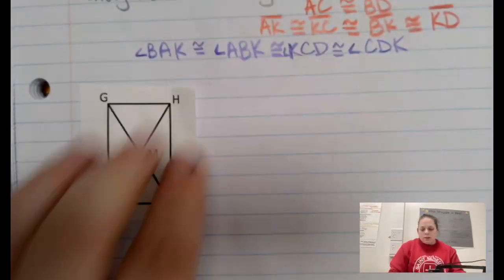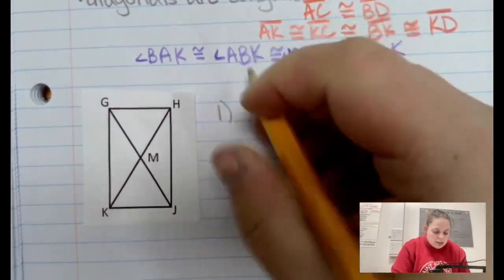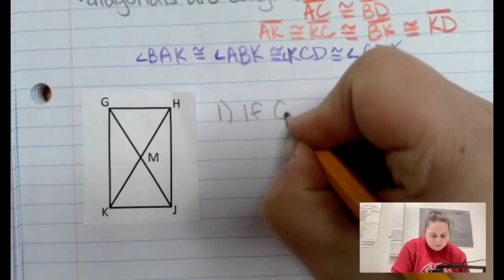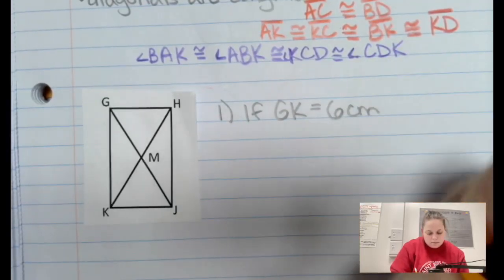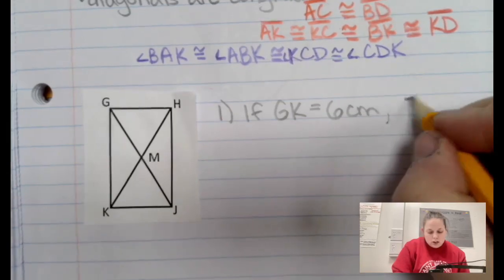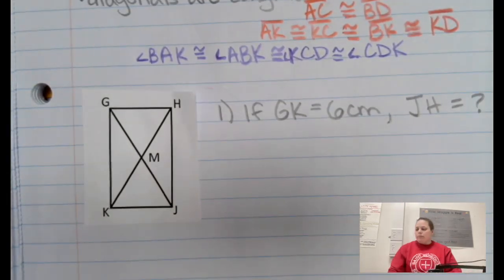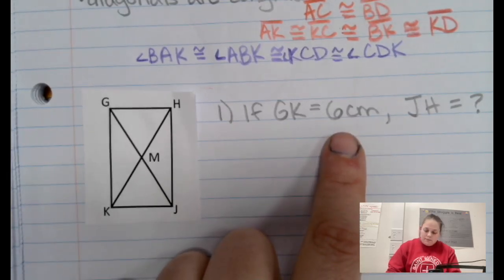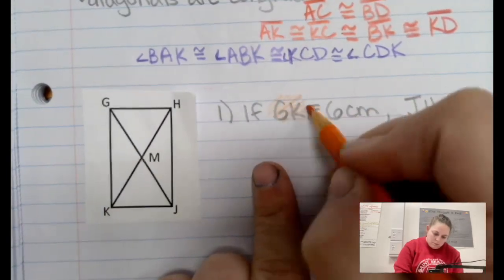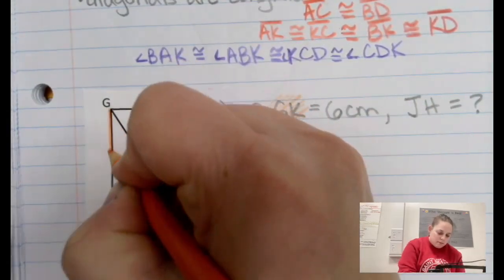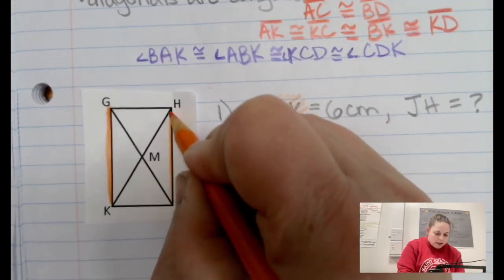All right, so for our first one here, I'm going to say if GK is equal to 6 centimeters, what is JH equal to? So if I look at GK, GK is this side, and I'm looking for JH, which is the opposite side.